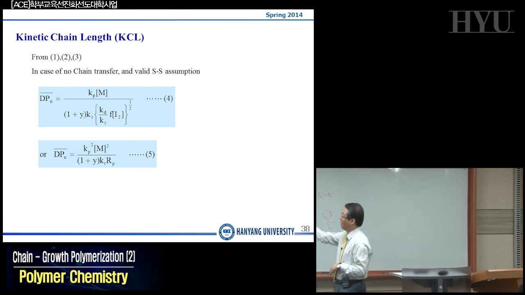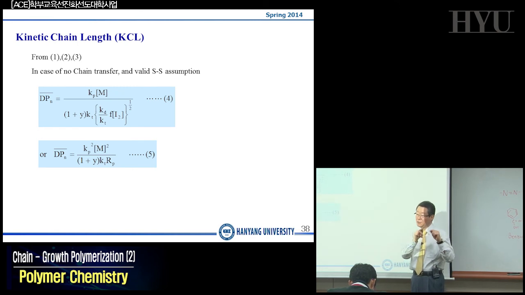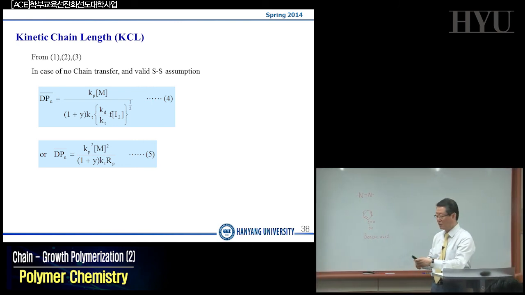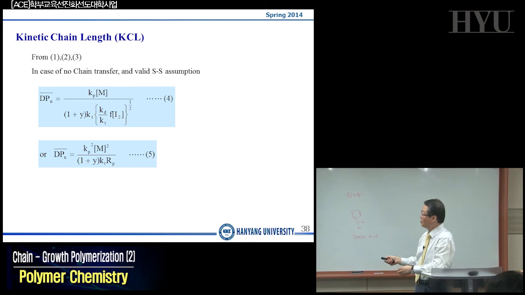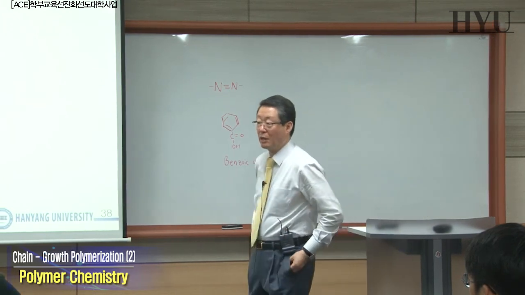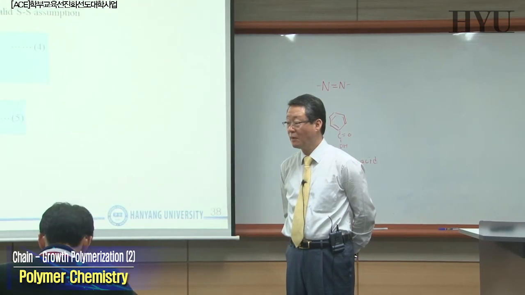However, if I add more initiator into your reaction system, each initiator species will add fewer monomers. So the degree of polymerization will be inversely related to the initiator concentration, right? So this is what I can describe about the kinetic chain reactions. Do you have any questions?